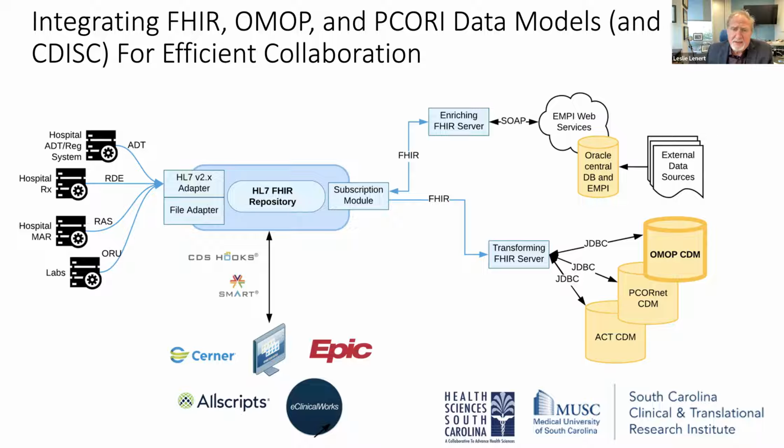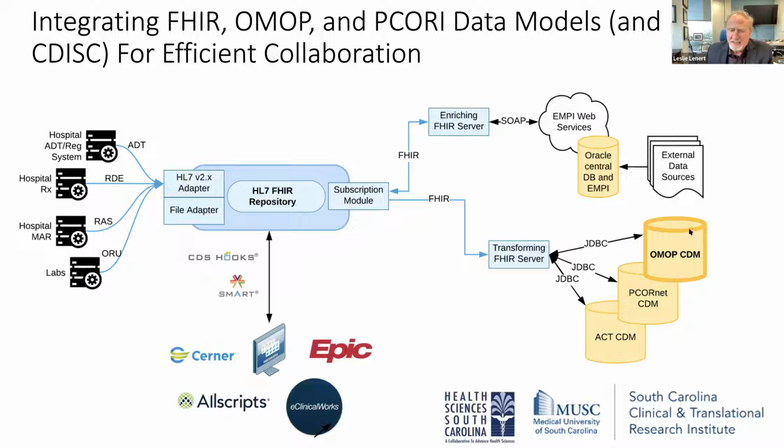And we use a subscription-based process for that, where FHIR repositories have this subscription feature that allows you to copy data on demand when you update a field. And so for the OMOP, PCORnet, and ACT models, we have developed tools that allow you, in real time, whenever there's an update to a FHIR repository, to copy things over to the corresponding OMOP, PCORnet, or ACT data module.